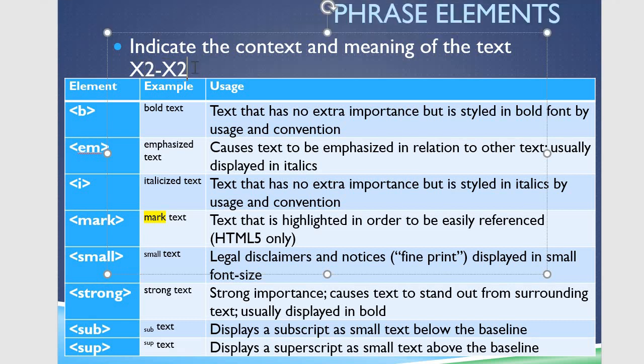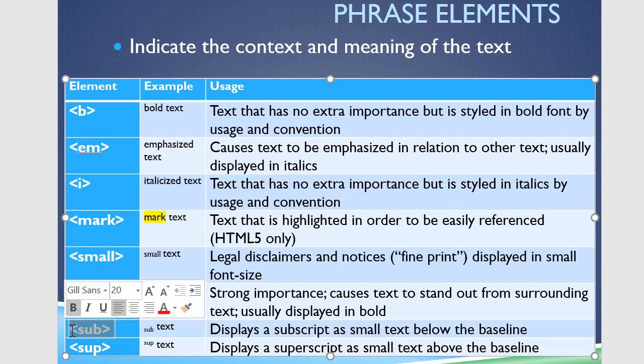So what is the answer for that? If the text is above the baseline, then you have to use the superscript tag SUP. If it is below the baseline, then you have to use the HTML element SUB.